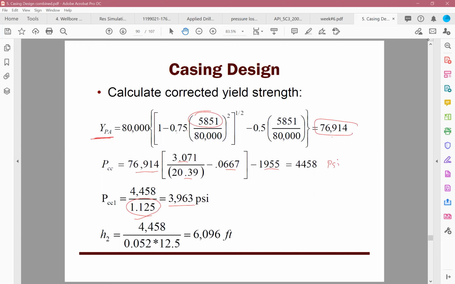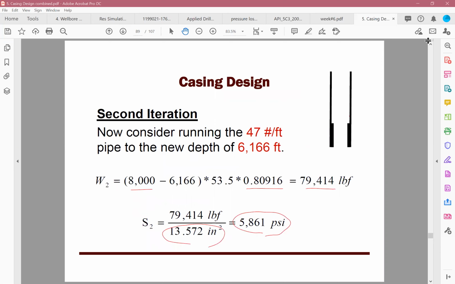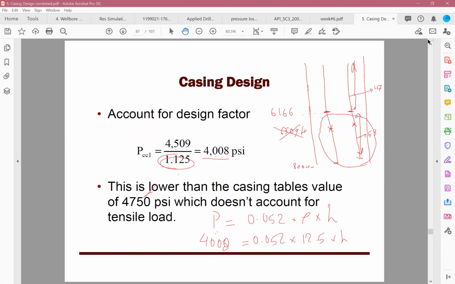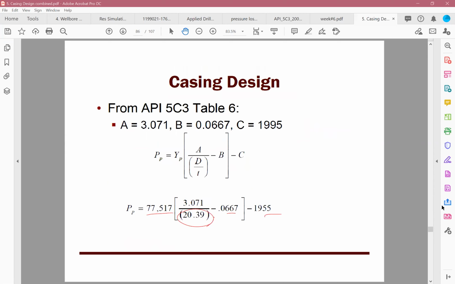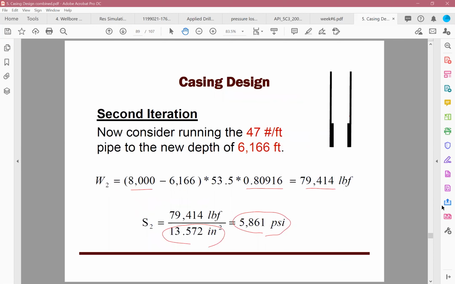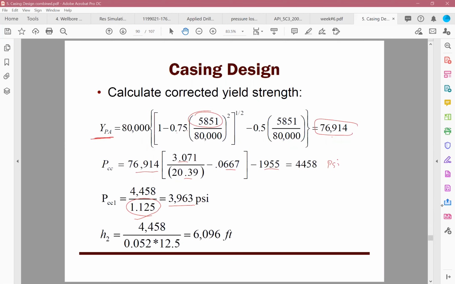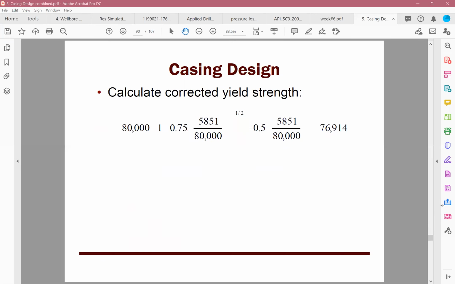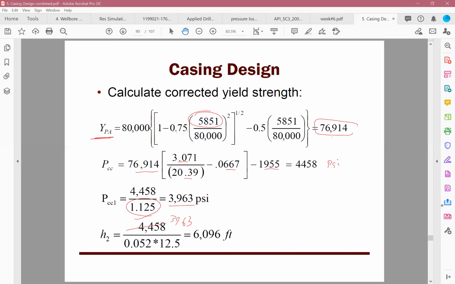Now we need to find the depths at which we have 3,963 psi. So what depths again? Let's go back there. What depths do we have that 3,963 psi? This is wrong. This should be 3,963.